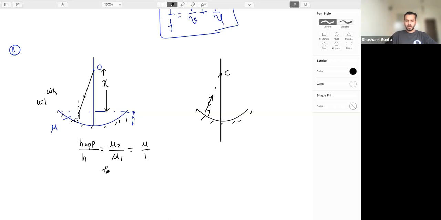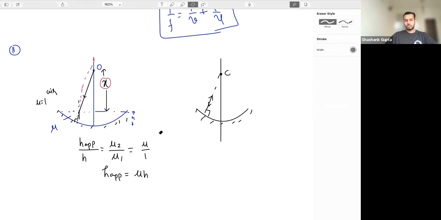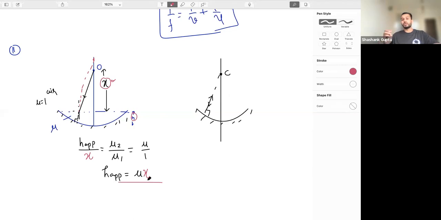So can I say H apparent is coming out to be mu into H. So as soon as the refraction is happening from this plane surface, for the mirror, it will look like the ray is coming from here. This is for H, instead of H, for us, it is X. H is given, so instead of H, this is X. So can I say it is mu into X, not mu into H, because this is X. Are you getting the idea?